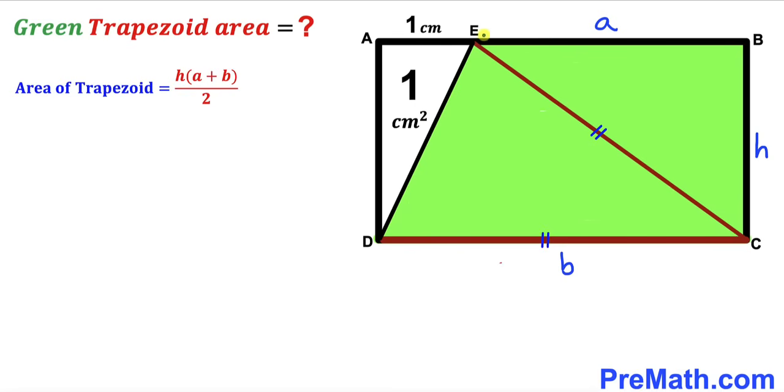Here in our case, one base of this trapezoid is a, the other base is b, and the height is lowercase h. So our task is to find the values of lowercase a, lowercase b, and height lowercase h.